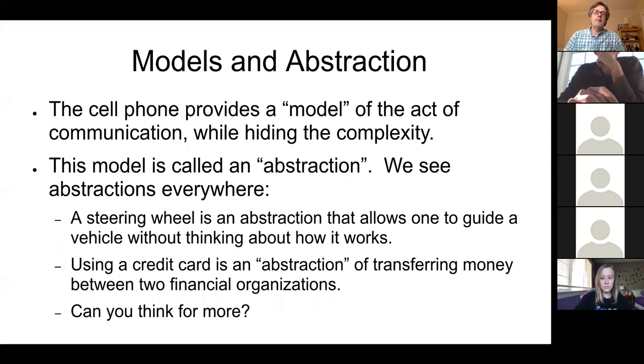So how do we manage complexity? We manage complexity by building a model, an abstraction of what we want, and then hiding the details underneath the surface. Okay, so for example, a steering wheel is an abstraction, right? I would say it's safe to say that none of you actually know what happens inside the hidden areas of a car when you turn the steering wheel.